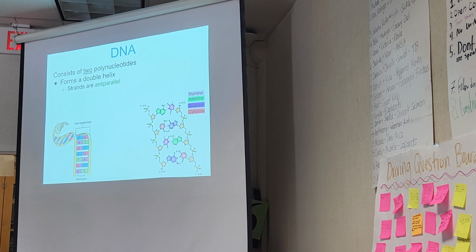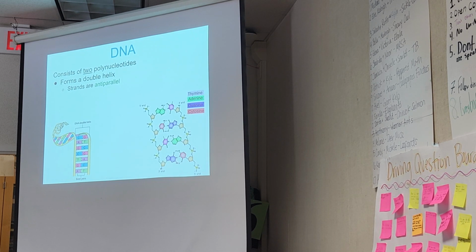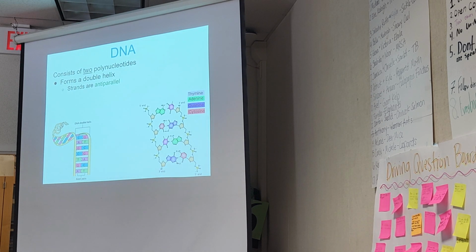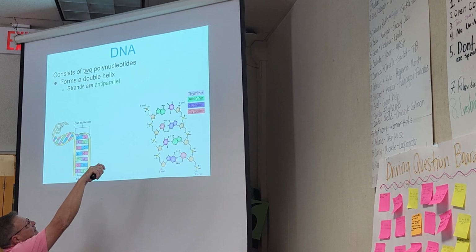Not the phosphate group, the... DNA is made of 3 things, and we've mentioned 2 of them. What's the third one? So it's going to be the carbon. Oh my god, the deoxyribose stuff. It's the sugar, right? So if this is the sugar, and this is my phosphate, right?